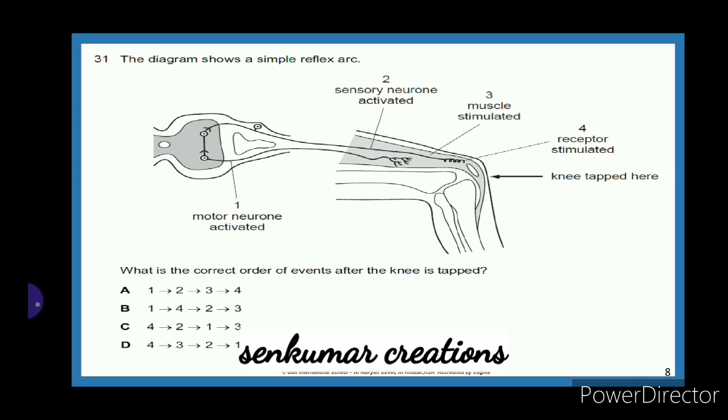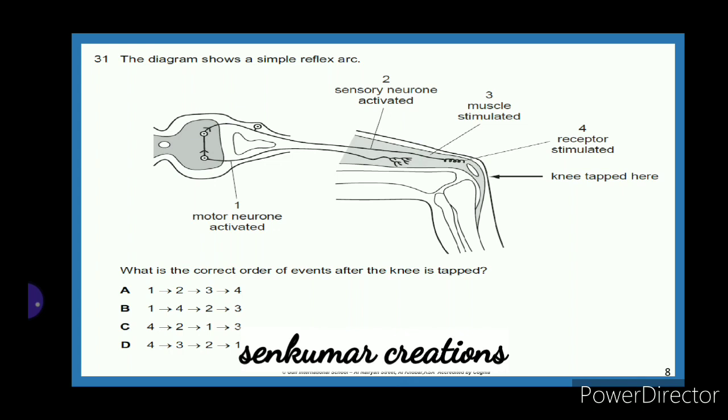So the impulse is taken through the sensory neuron. First the receptor is stimulated, number 4. Then the sensory neuron is activated. Next, 4 to 2. The 2 takes the impulse to the relay neuron. The relay neuron passes the response to the motor neuron, 1. And the muscle is stimulated, 3. So 4, 2, 1, 3.